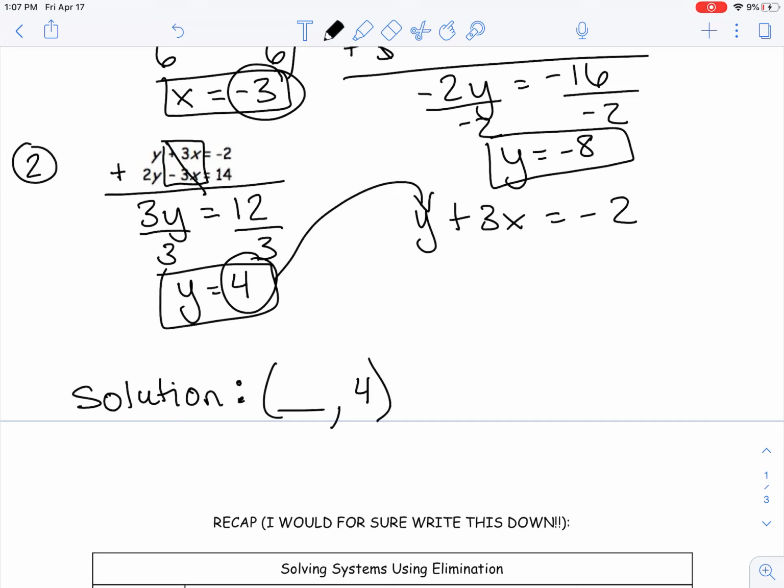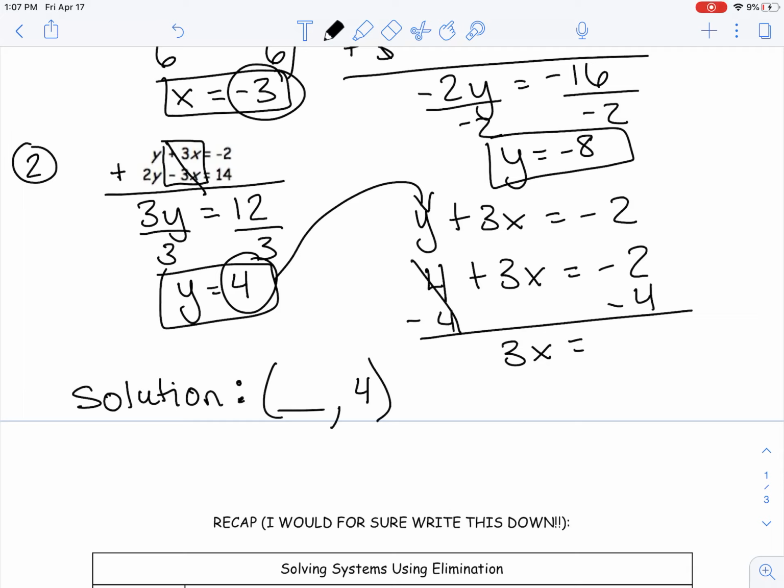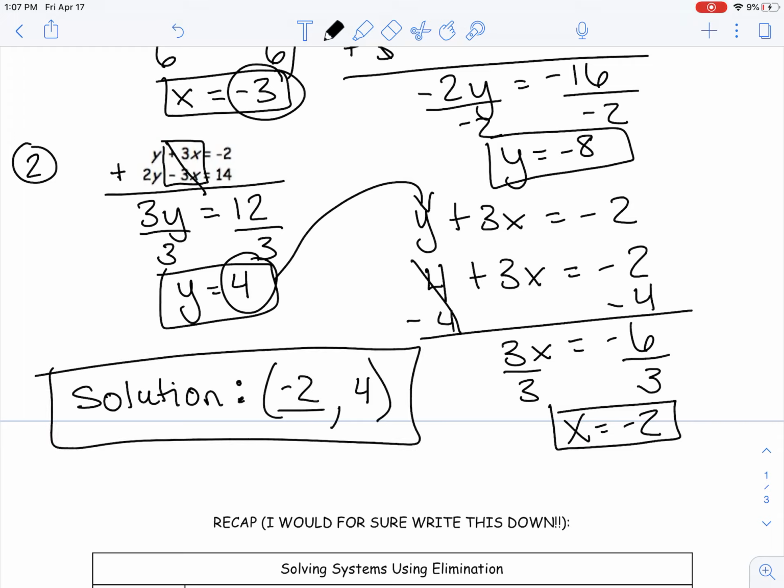We're going to sub 4 in for y. And then just solve like normal. Subtract 4 from both sides. 3x equals negative 6. Divide both sides by 3. X equals negative 2. So your solution is negative 2, positive 4.